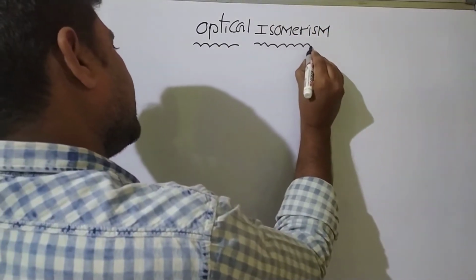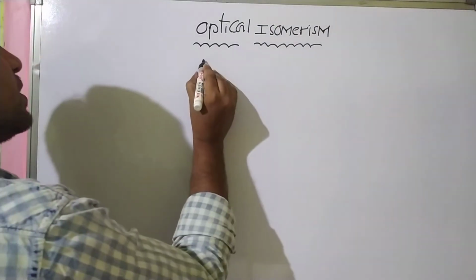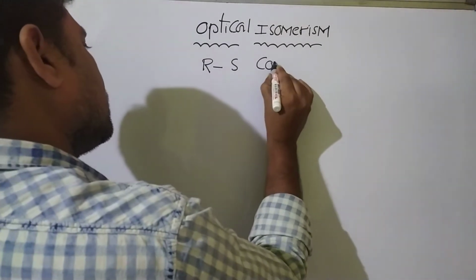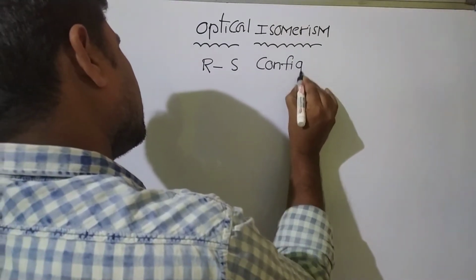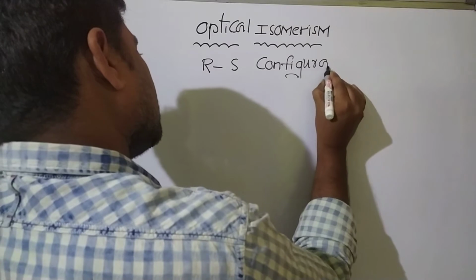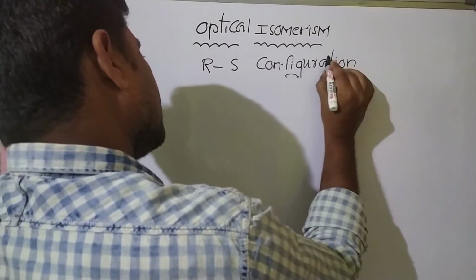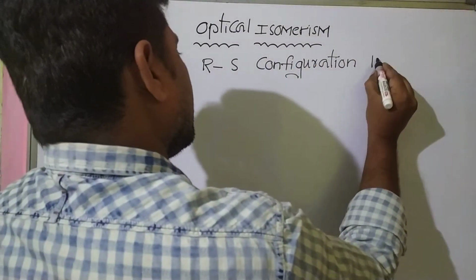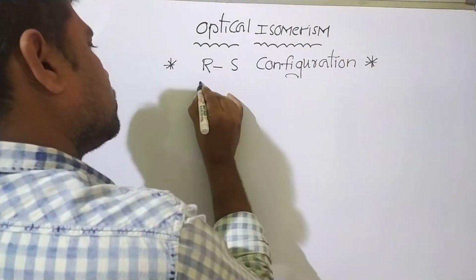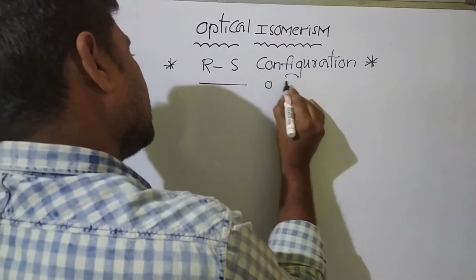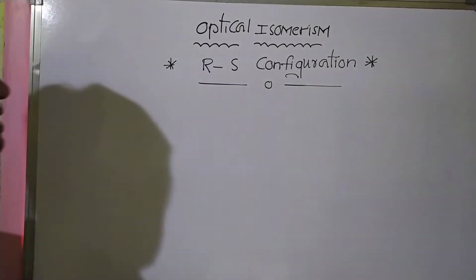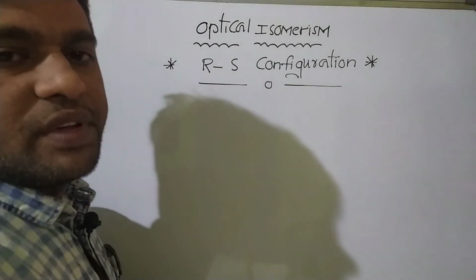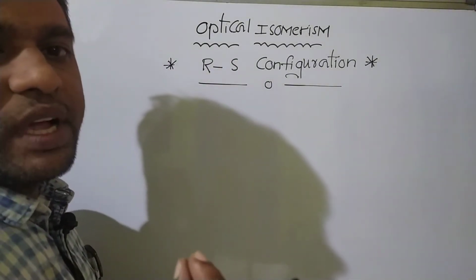Under this heading the subtopic is RS configuration, very important for JEE and NEET. So please take the heading RS configuration. Okay. So before going to this, we must learn chiral carbon.